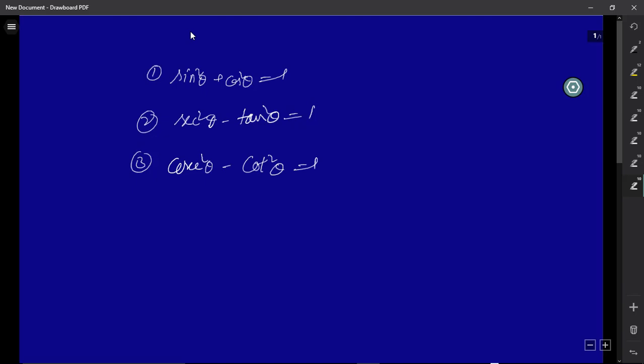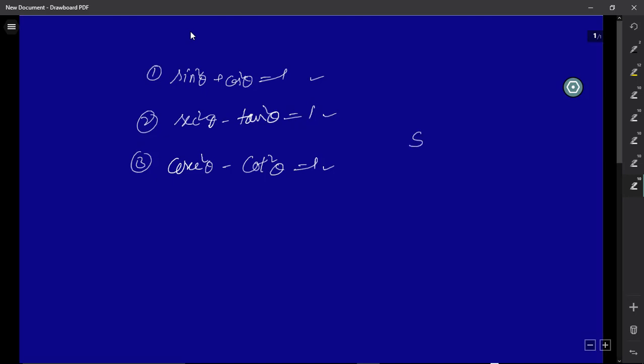I don't want to go ahead and prove these three identities for you. We'll just readily make use of them in solving exercise 11.1 questions, 11.4 questions.